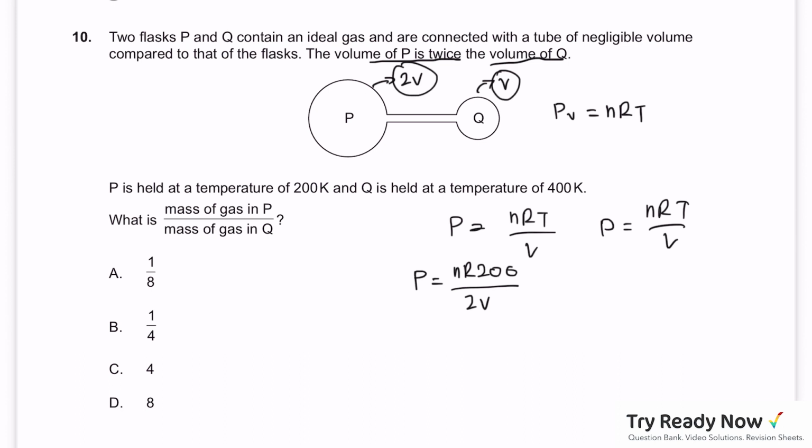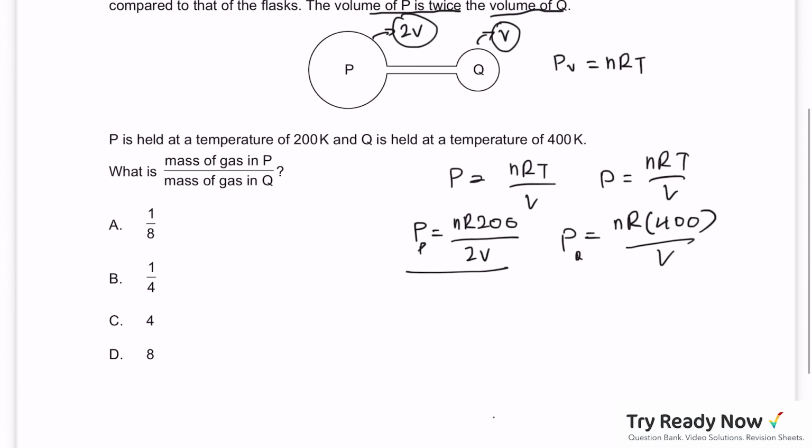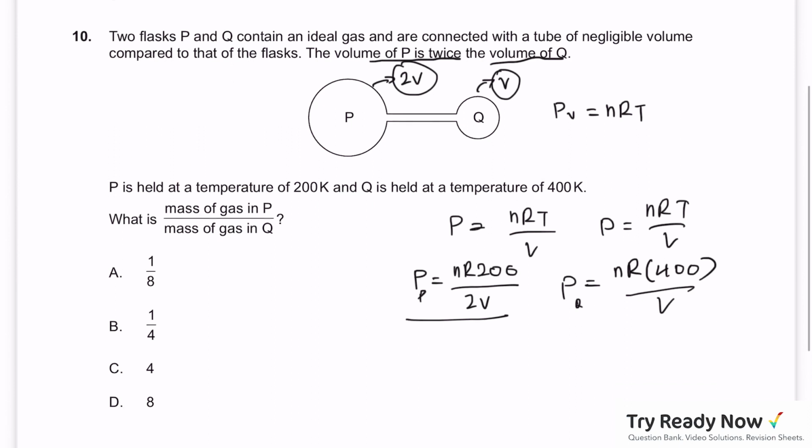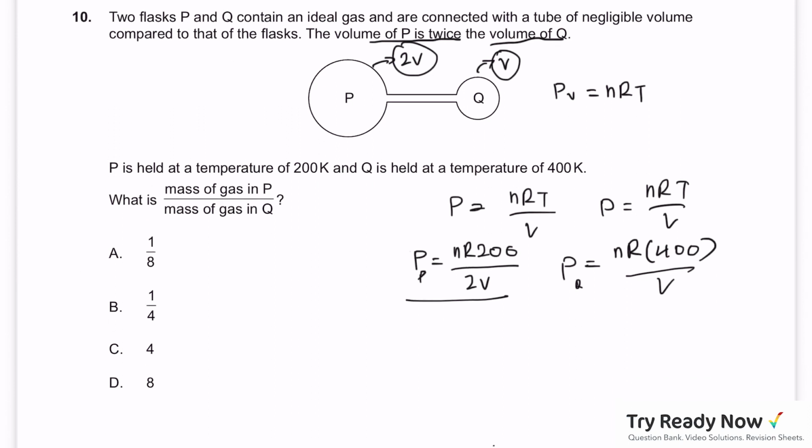So this is our pressure equation for flask P, and now this is for flask Q. So we have nRT, which is 400 over V. So what we have here is, because we know that both the pressures must be equal, we can equate both equations.